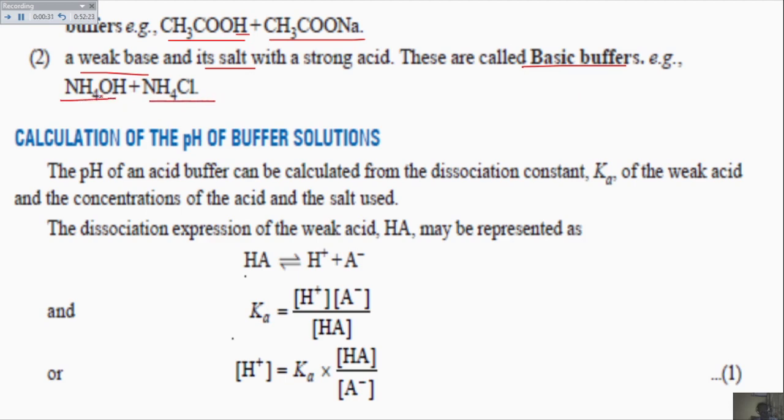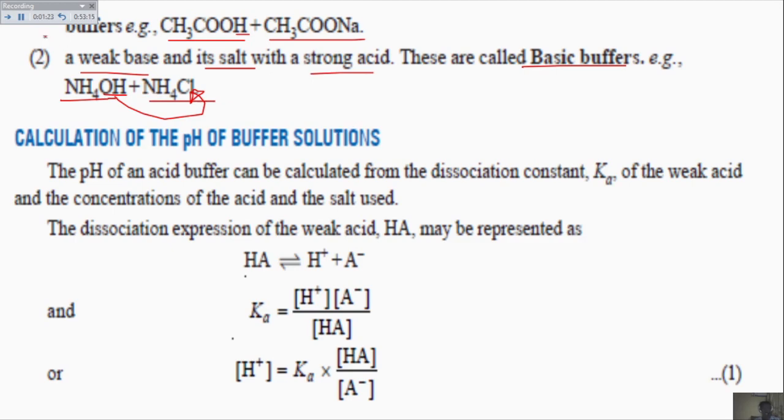Then we form a salt by replacing the OH. For a strong acid, we have NH4, and the OH has been replaced with chlorine. So this is a weak base with a salt of that particular weak base. Then you now add a strong acid to it.